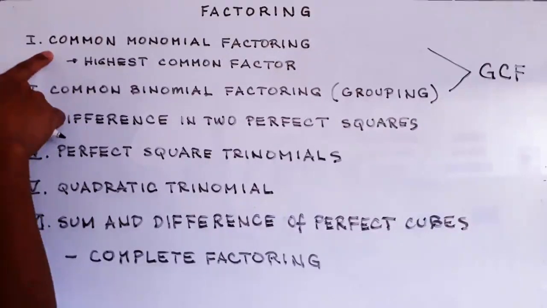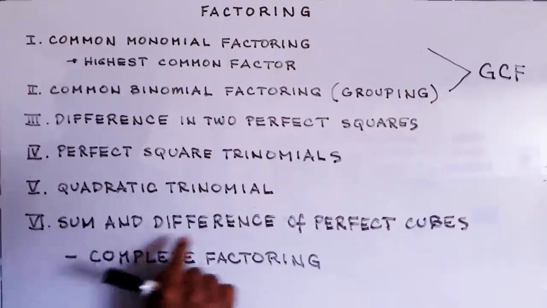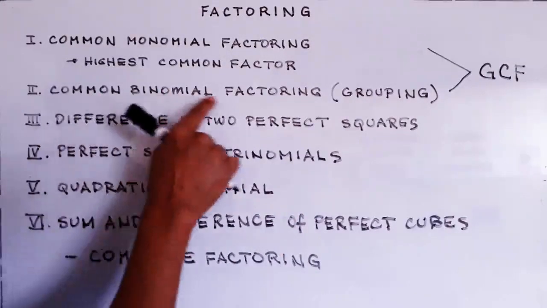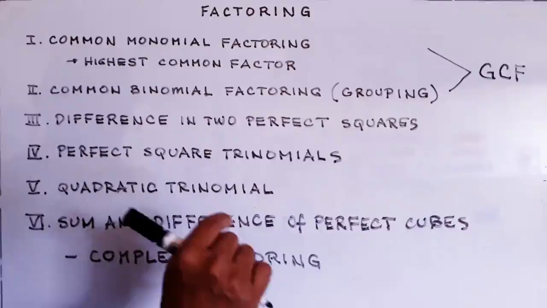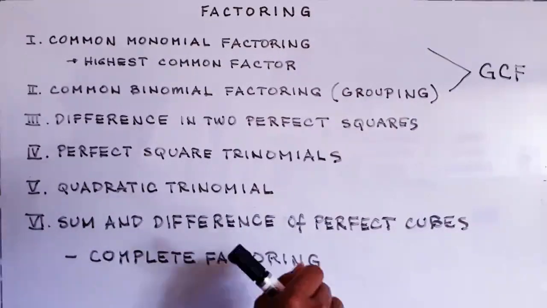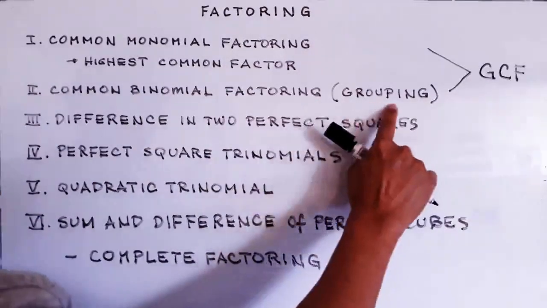When you see an algebra expression of 4 terms, quadrinomials, think of the common binomial because we are going to group them into a pair of binomials. So that's why this common binomial is called grouping.